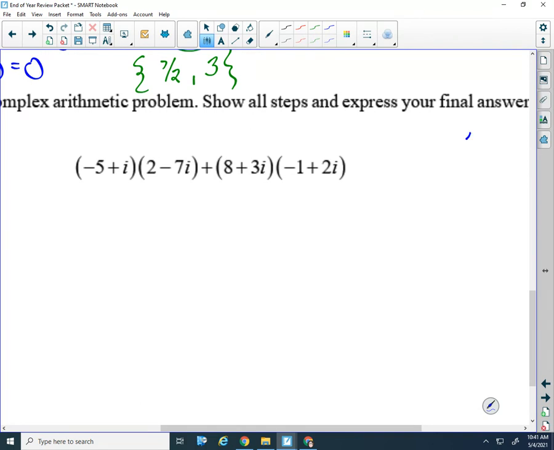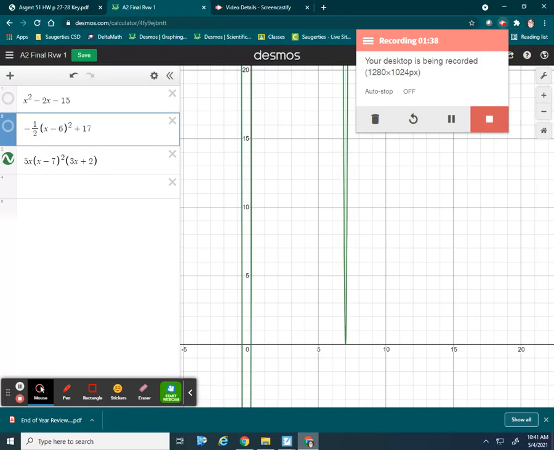Also, you need to remember your cycle. i to the 0 is 1. i to the 1 is i. i squared is negative 1. And i to the third is negative i. And then the cycle repeats itself. So I'm going to pause this video and do double distribution on this problem.